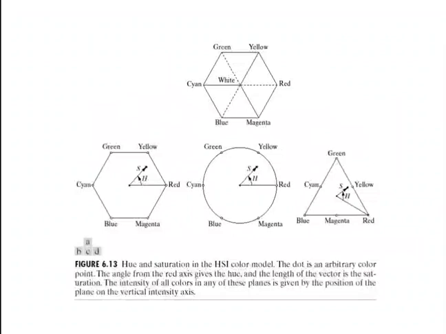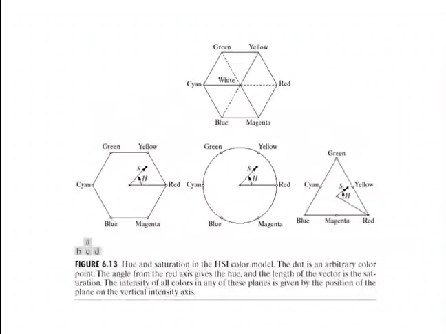Note that the origin is defined by the intersection of a color plane with the vertical intensity axis. The important components of the HSI color space are the vertical intensity axis, the length of the vector to a color point, and the angle this vector makes with the red axis.